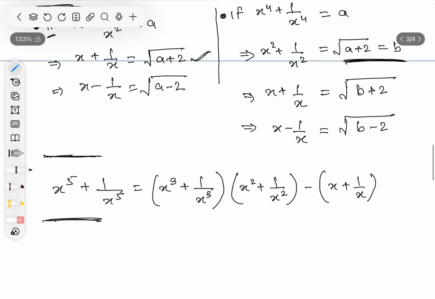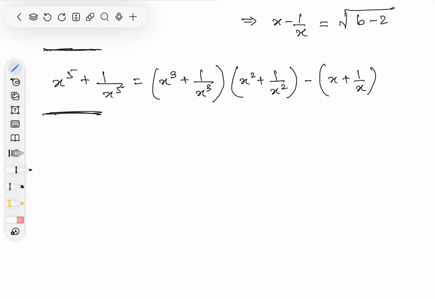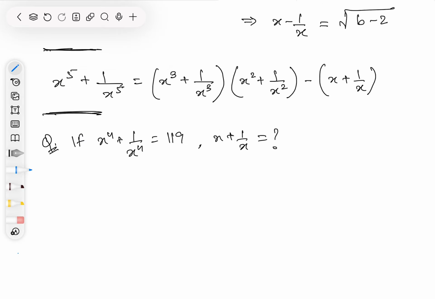Let's see some very simple questions. Let's say if x to the power 4 plus 1 upon x to the power 4 is 119, then find x plus 1 by x. Solving this is simple.